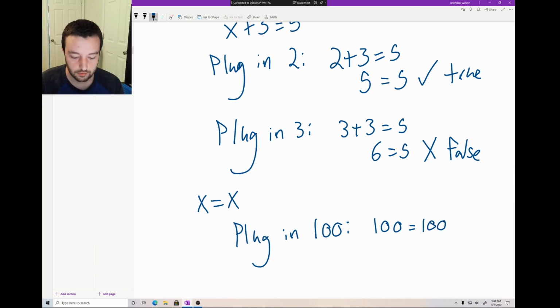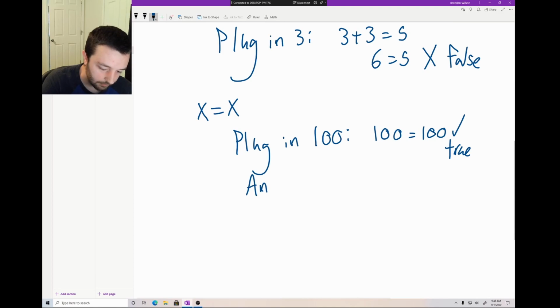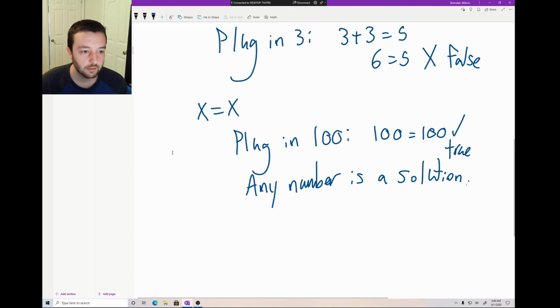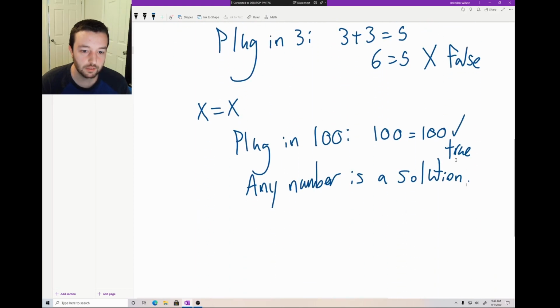And that's true. So in this case, any number is a solution. Okay. So we'd say that there's infinite solutions. So this is kind of one of the extremes. In this case, we have one solution, and here, any number is a solution. So there's infinite solutions.